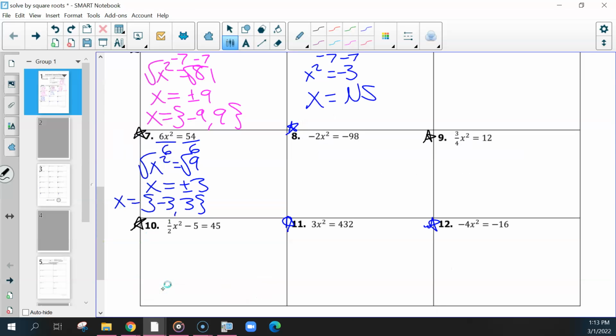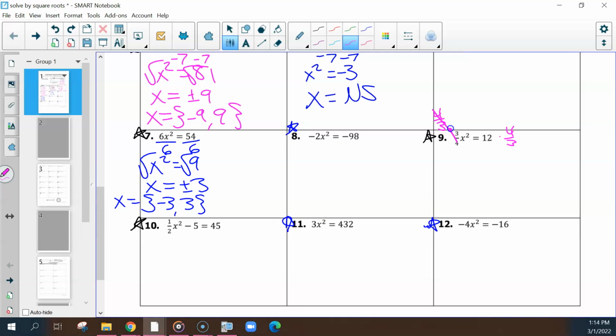Skipping to 9. Now we have this fraction in front of x squared. Remember that usually we divide, but if we divide by 3/4, we end up with a fraction within a fraction. We want to avoid that. So we're going to multiply by the flipped fraction, 4/3, on both sides.